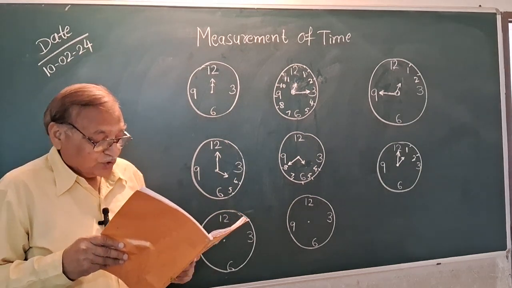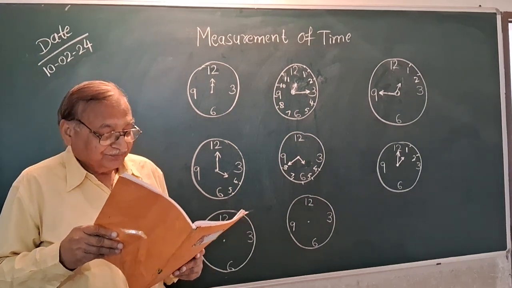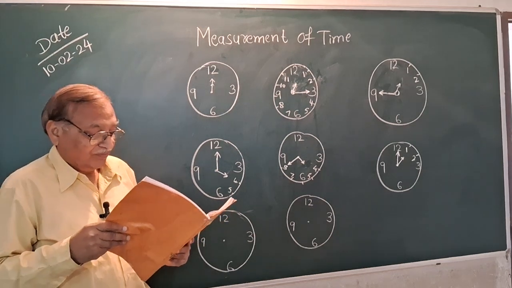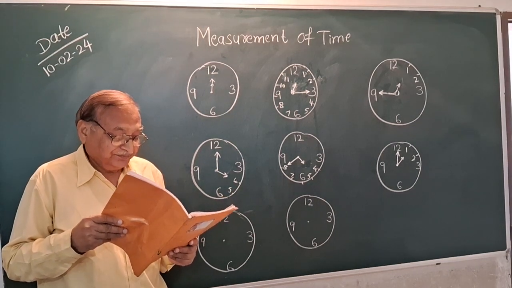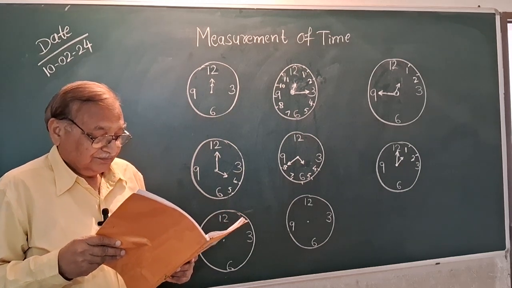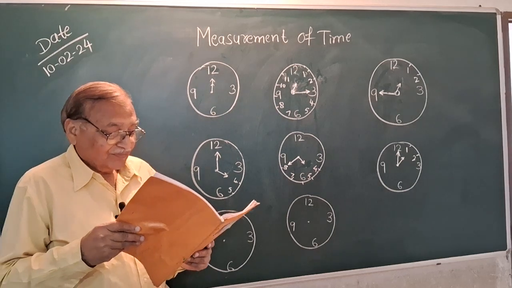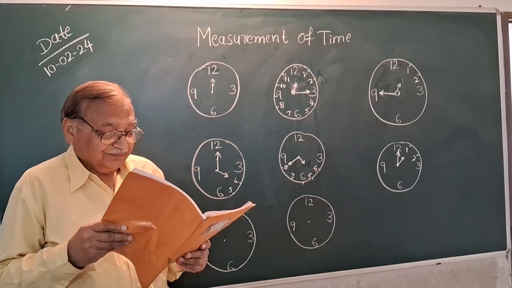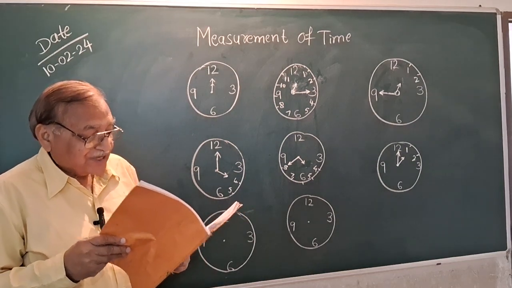minutes. So when the hour hand is between 12 and 1, and the minute hand is on 9, we can tell that it is 45 minutes past 12. Because 9 fives are 45.